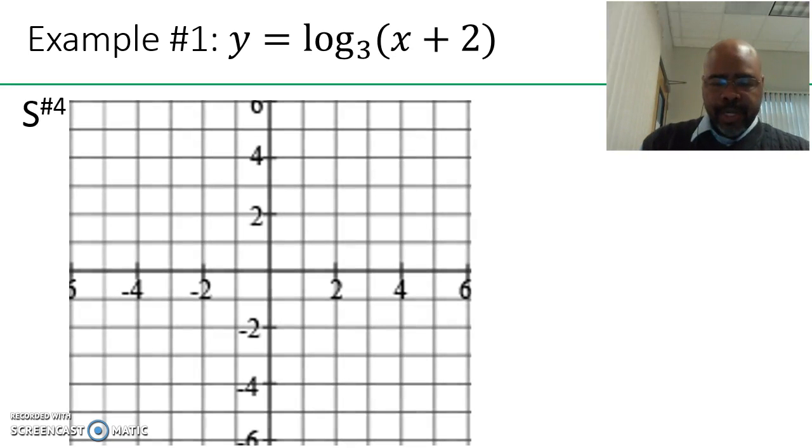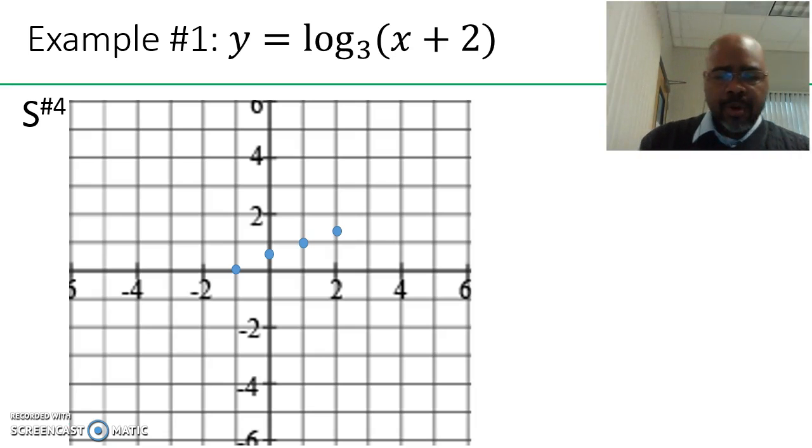So here's my coordinate plane, and this is my first point that's coming up, my x-intercept of (-1, 0), and then the next point, my y-intercept of (0, 0.63). Now my third point is (1, 1), and my fourth point is (2, 1.26).